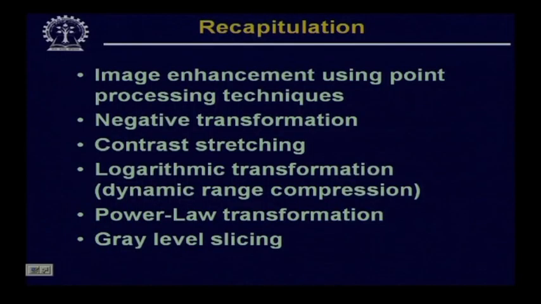So, we have talked about image enhancement using point processing, and under that we have talked about various point processing techniques like negative image transformation. In negative image transformation, we have seen that the processed image is a negative version of the original input image.